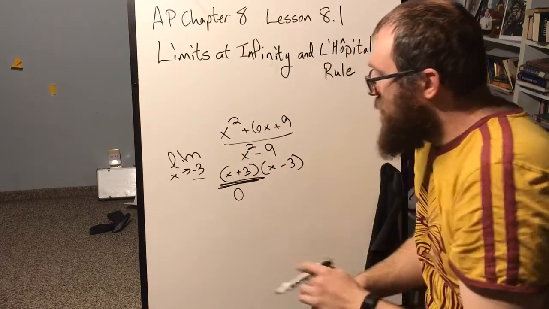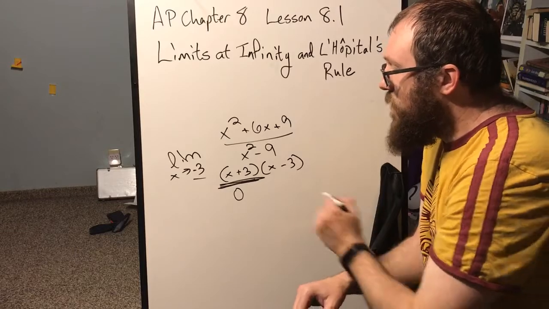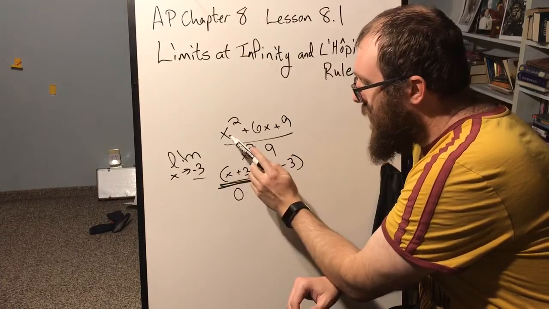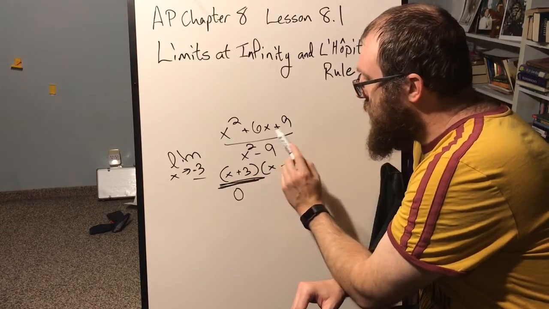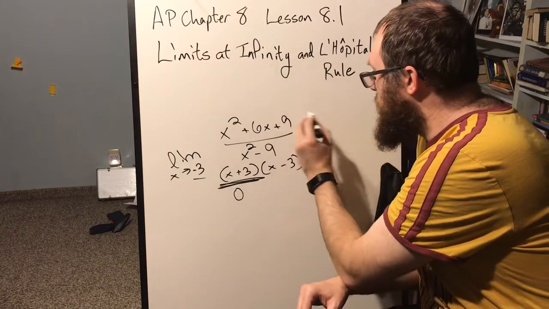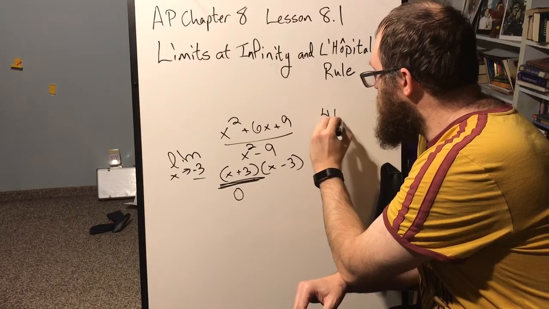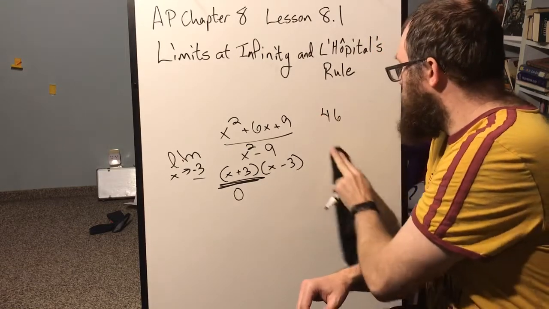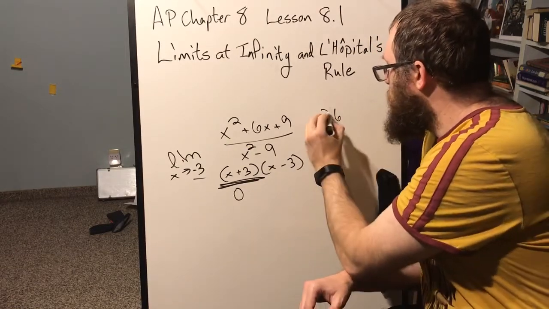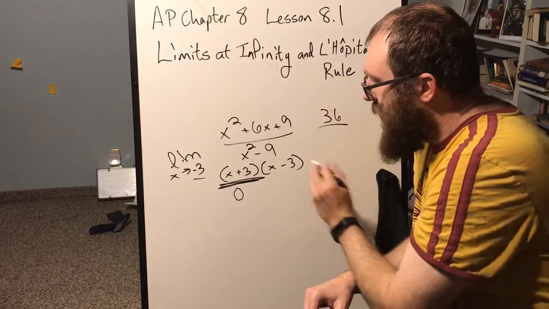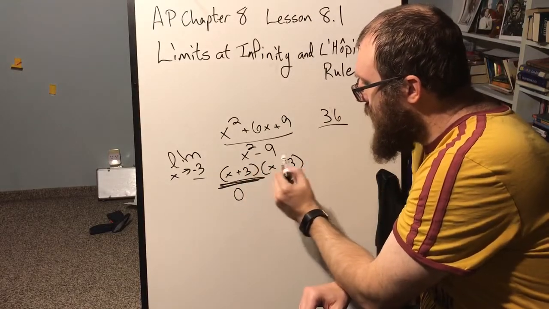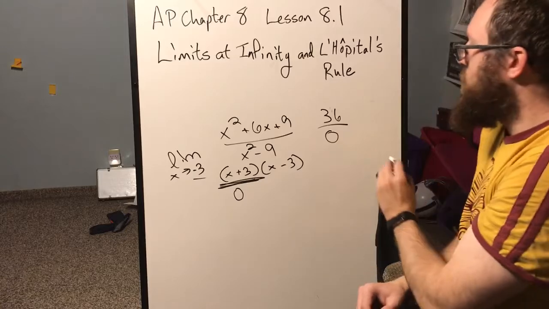So on the top, I have a value: 9 plus 18 plus 9, which is 36. But on the bottom, I have negative 3 squared, which is 9, minus 9, I have 0, which is undefined.